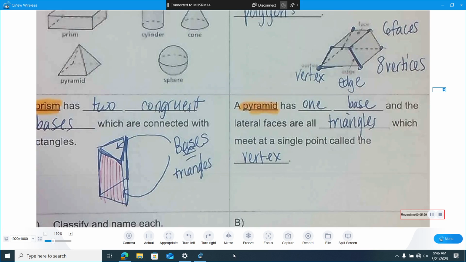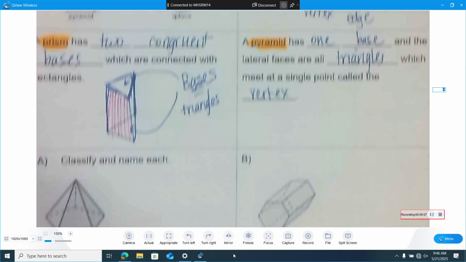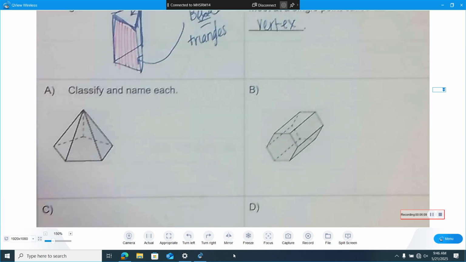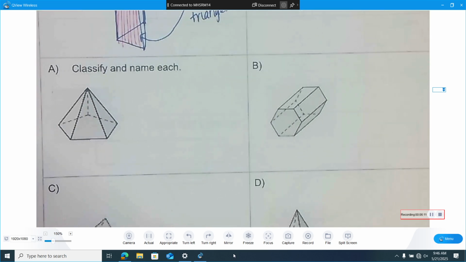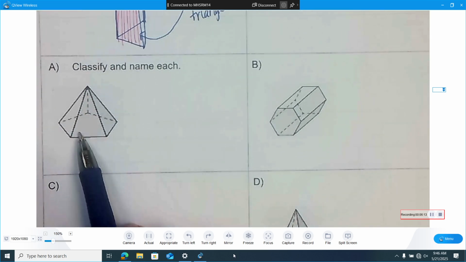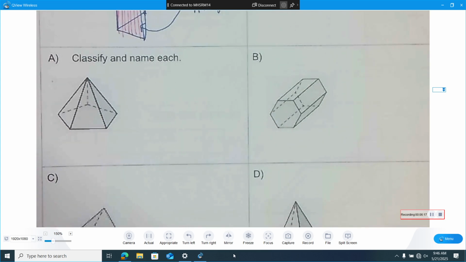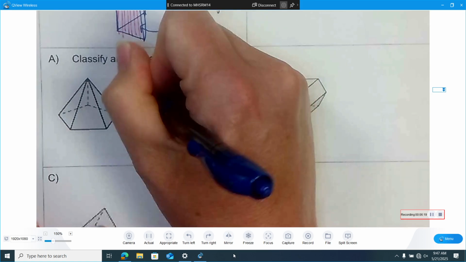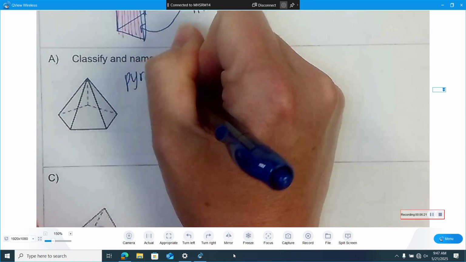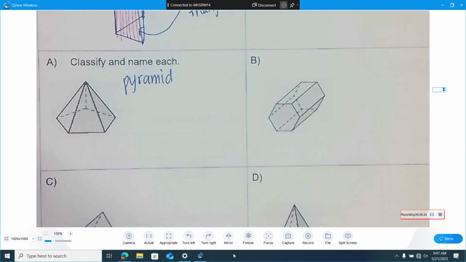Okay, so we have to look at all of these polyhedra and determine, is it a prism or is it a pyramid? And so we want to look below and classify and name each. So first of all, letter A here, is this a prism or a pyramid? Clearly a pyramid. All right, it is a pyramid, and if I wanted to name this, I want to describe the base.